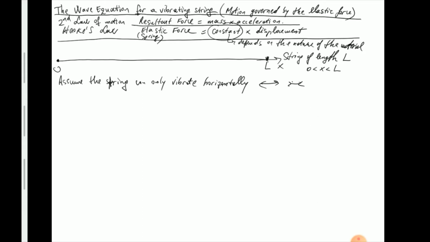So with that in mind, the dependent variable for which we're going to establish the PDE, to use the notation in the book, is going to be y(x,t), which will be the displacement of the point x at time t. Because this string can stretch left and right, each point can be displaced from its equilibrium position. So y(x,t) is the displacement of the point x at time t from the equilibrium position.